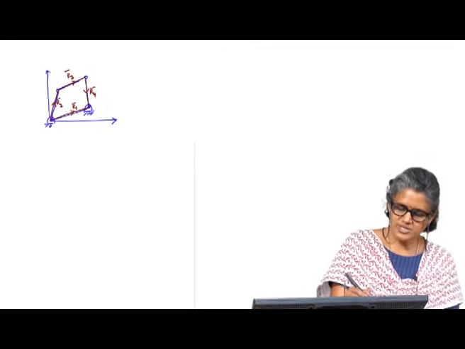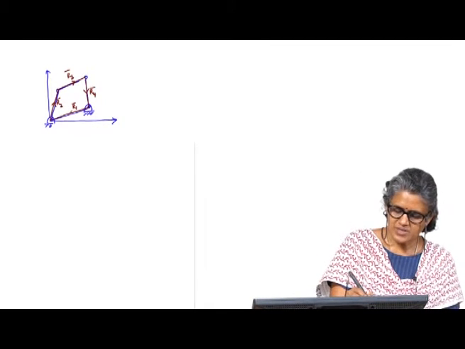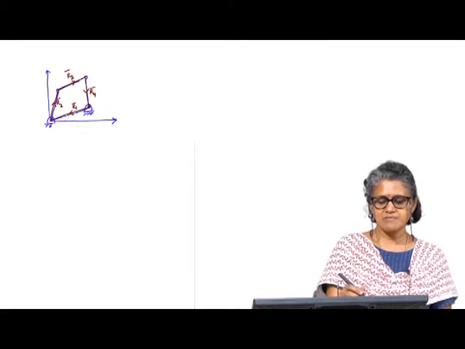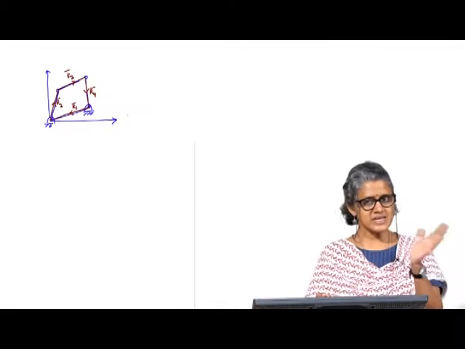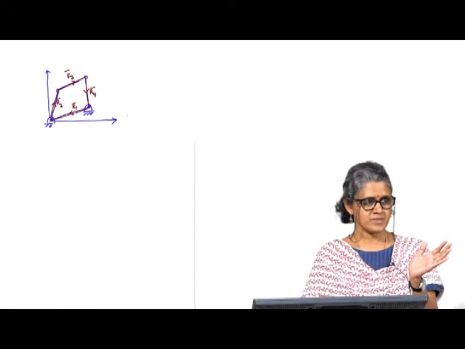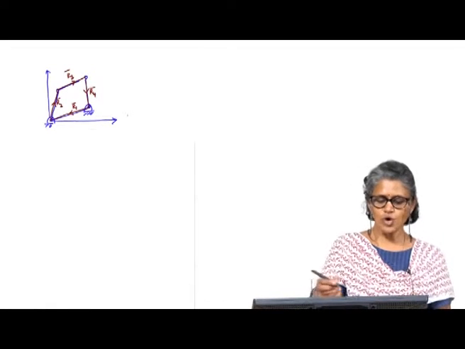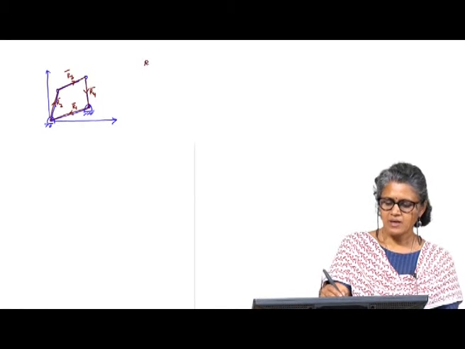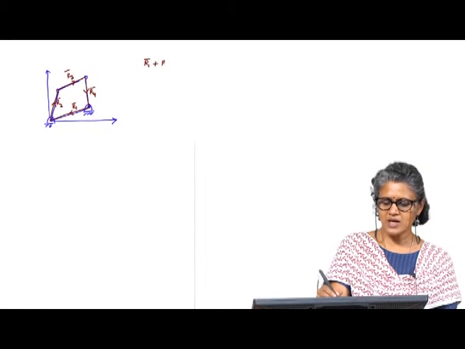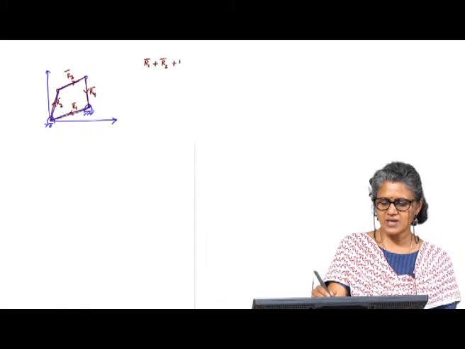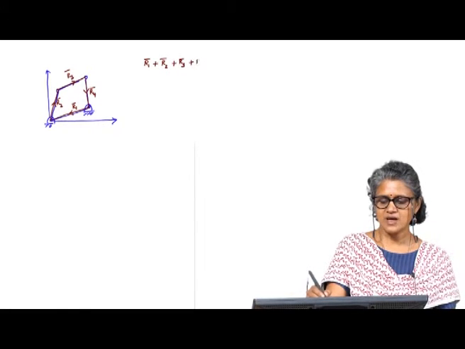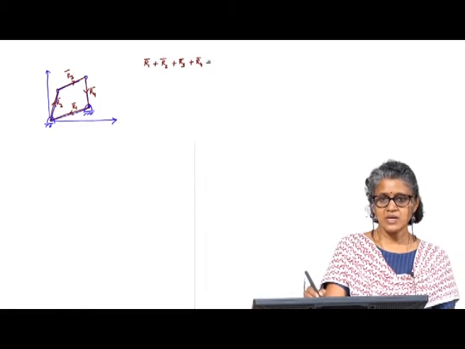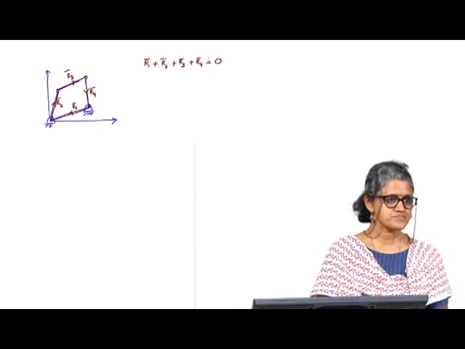I could potentially take R1 in this direction also, in which case as the linkage moves, it always holds true. So, for the directions that I have taken, as the linkage moves, R1 plus R2 plus R3 plus R4 will be 0.